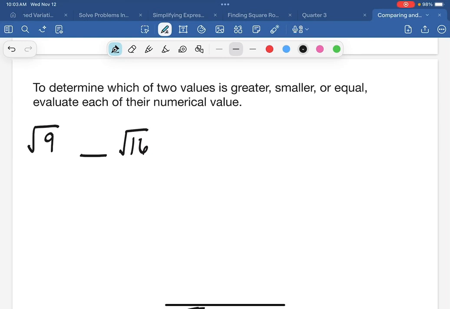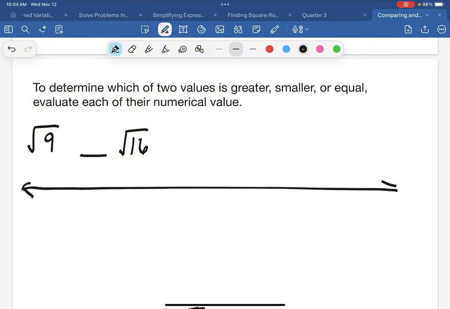For our first example, we have the square root of 9 and the square root of 16. If we write the number line, we have 1, 2, 3, 4, 5.